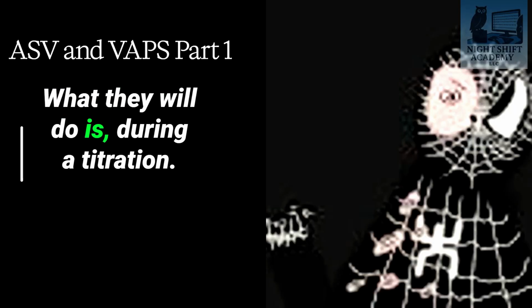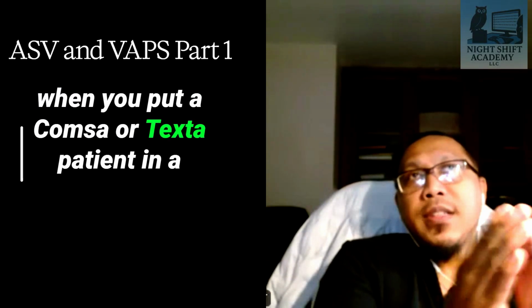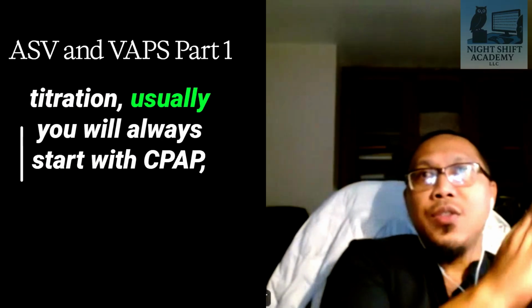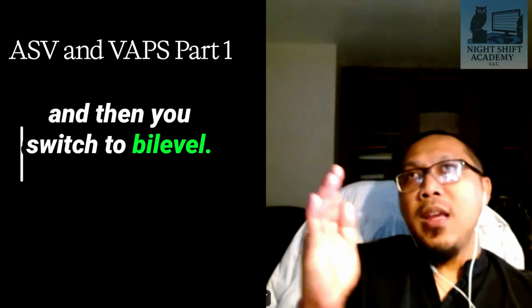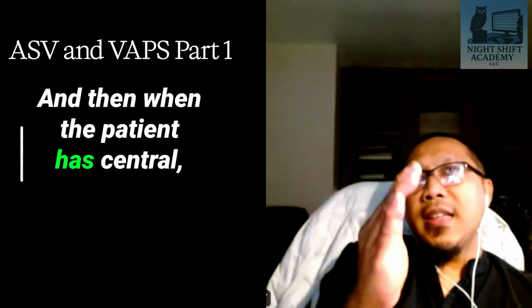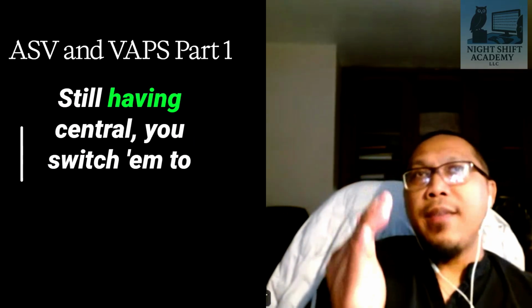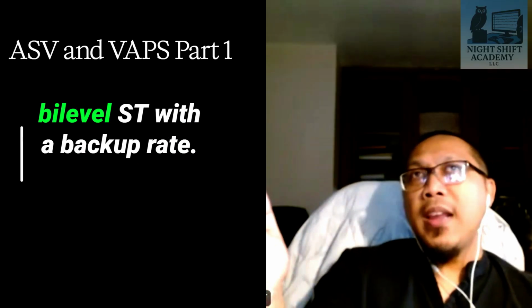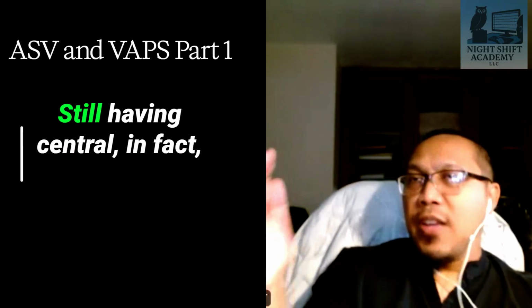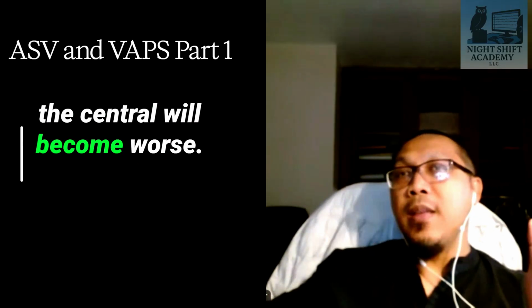What they will do is, during a titration, when you put a COMPSA or TECSA patient in a titration, usually you will always start with a CPAP and then you switch to bi-level. And when the patient has central even from the CPAP titration, you switch it to bi-level, still having central, you switch it to bi-level ST with a backup rate, still having central. In fact, the central will become worse.